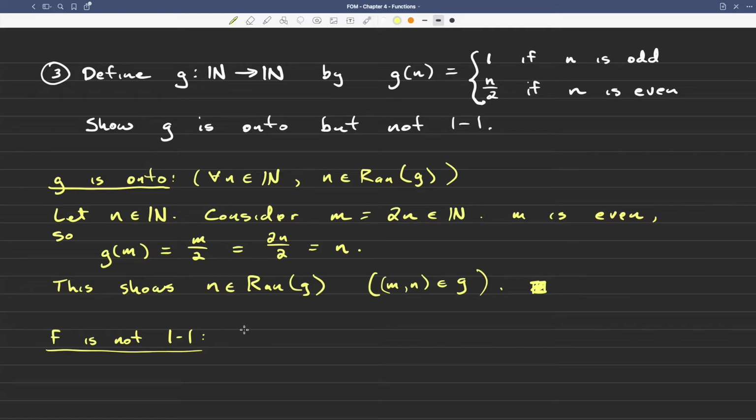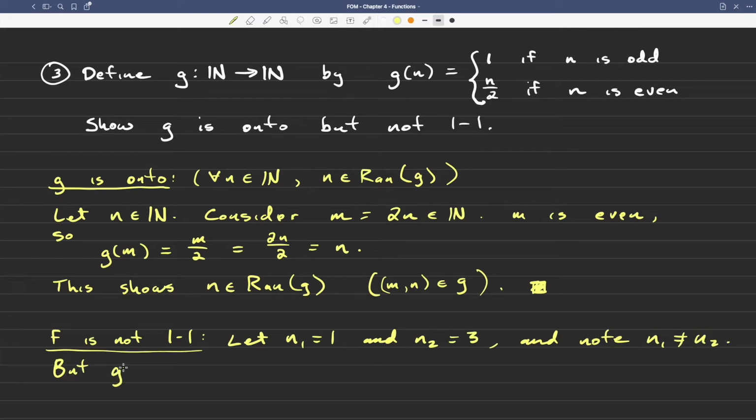Sure. Any two odd numbers give you the same answer, right? Because of the definition of this function, every odd number produces an output of 1. If you let n1 equal 1 and n2 equal 3, and note that those are not equal, n1 does not equal n2, but g of n1 equals g of 1 equals 1, and g of n2 equals g of 3 equals 1.